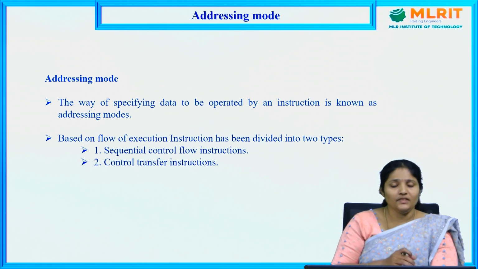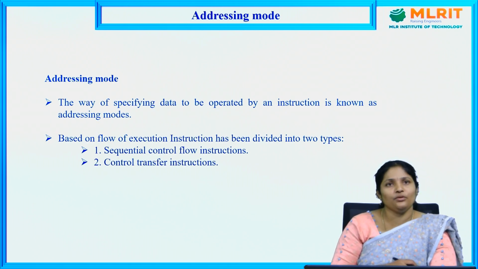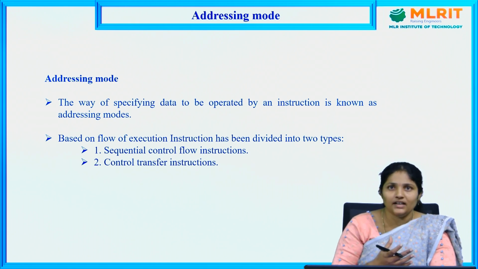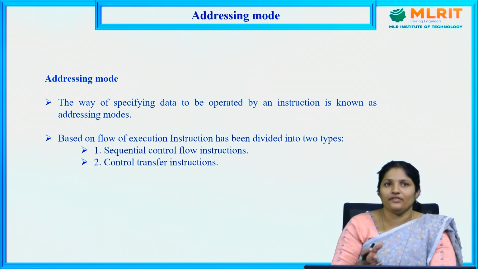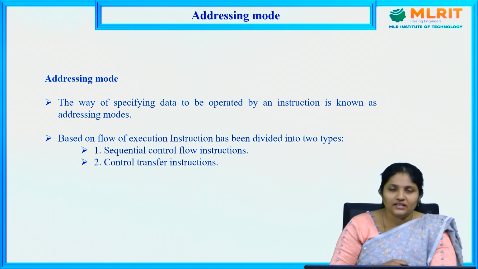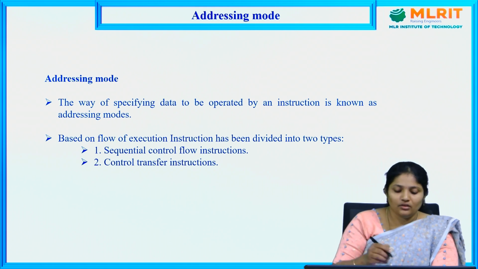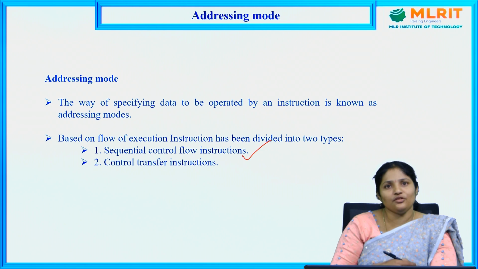Now coming to the first thing, as I already told you, what does addressing mode mean? Addressing mode is nothing but how we specify the data in a particular instruction. Basically, there are two types of addressing modes, depending upon the instruction. For sequential control flow instructions, we have 8 addressing modes.